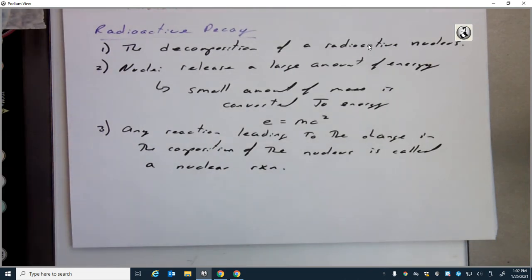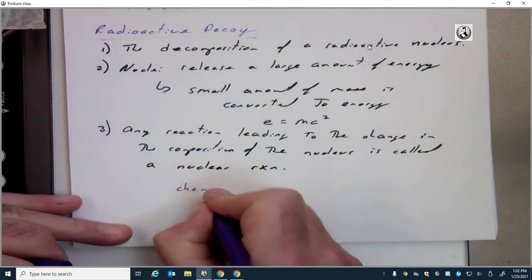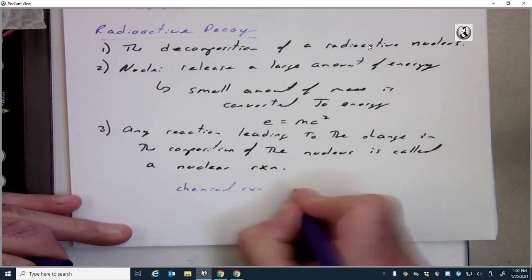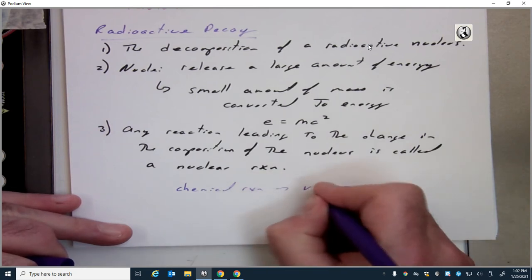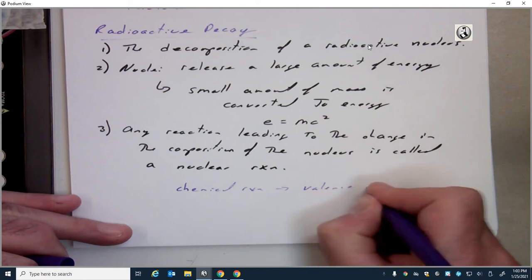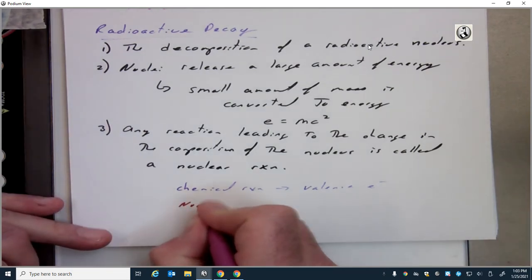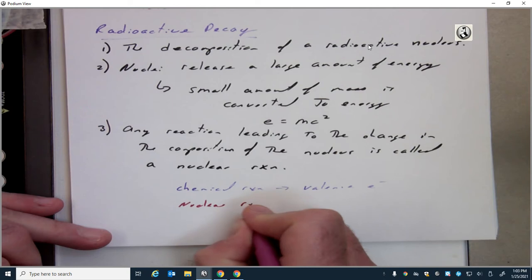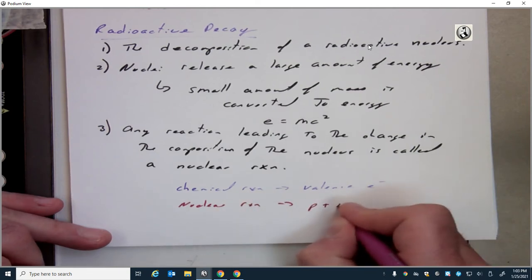Everything we've been talking about up to this point has been a chemical reaction. In chemical reactions, we're changing or switching the valence electrons. In nuclear reactions, we're changing the protons into neutrons.